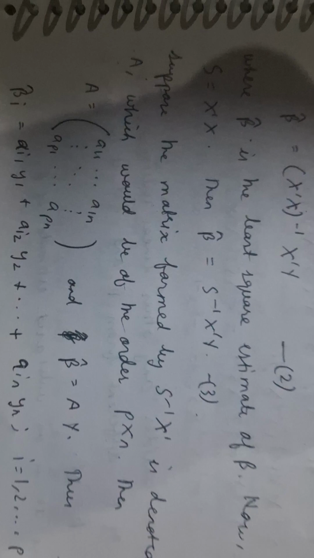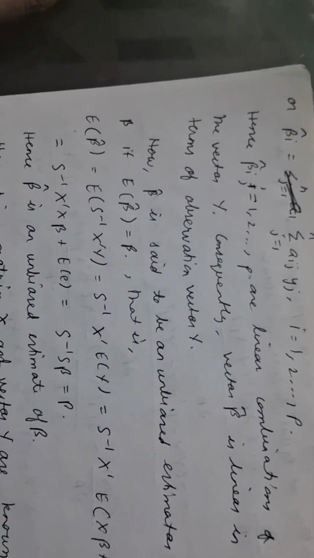Solving this, here we get that beta i cap is equal to the sum over j varies from 1 to n of a ij yj, i varies from 1 to p. Hence, beta i cap for i varies from 1 to p are linear combinations of the vector y. Consequently, the vector beta cap is linear in terms of observation vector y.